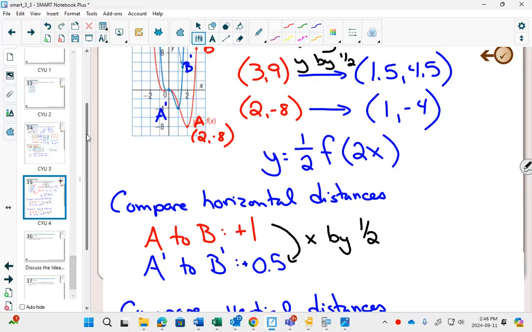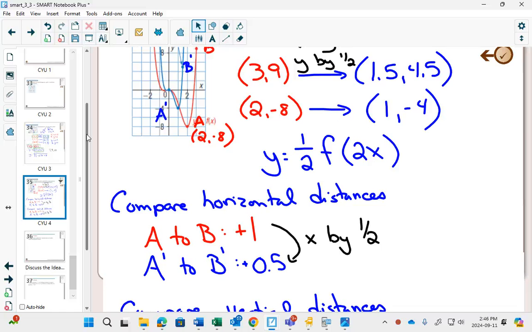Yes? Why is it a 2 in the answer? Why is this one a 2? Because x's are liars. So every time you have a 2 inside, you multiply by the reciprocal. And the reciprocal of 2 over 1 would be 1 over 2.